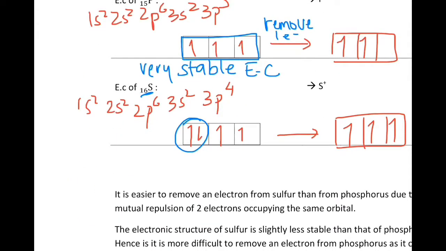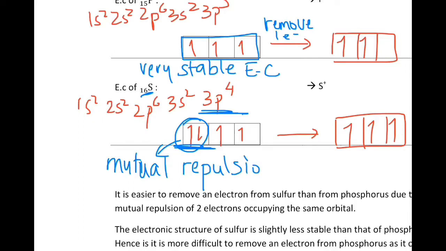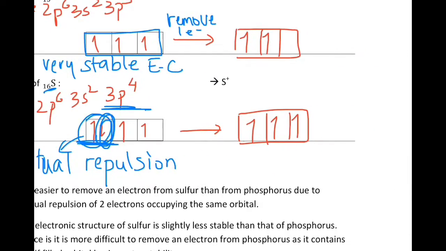But when you look at sulfur here, it's 3p4, and if you look at this orbital over here, you can see there's going to be mutual repulsion, because electrons are negatively charged and they repel each other. Because of mutual repulsion, one of these electrons is going to be very easy to remove, it's going to be willing to go away.